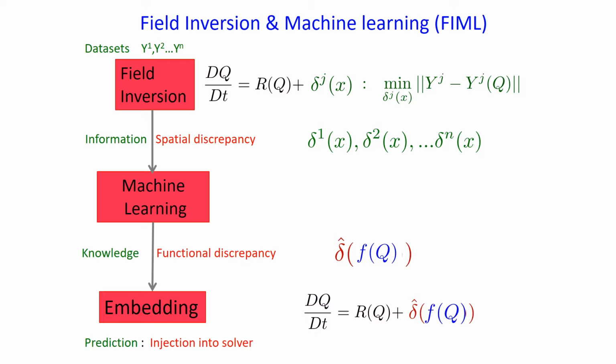This is fairly simplistic, but it is just to stress the point. Now we have a model that has your traditional piece and some other piece that comes from this inversion and learning process. And again, the goal is class D and class E, where we learn from some systems and then predict in some completely other systems, which have somewhat similar physics.